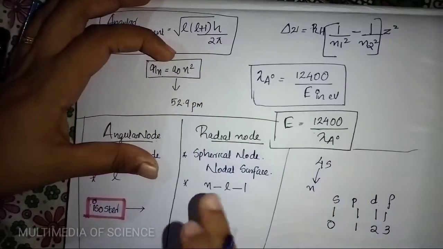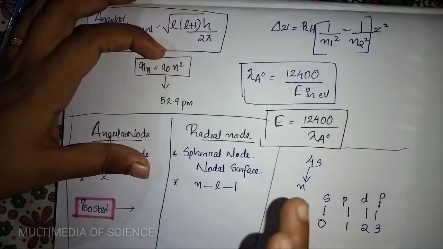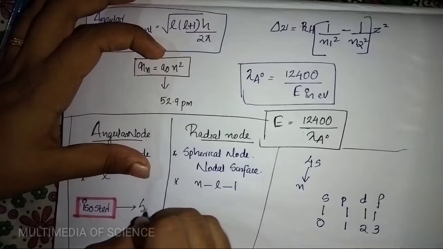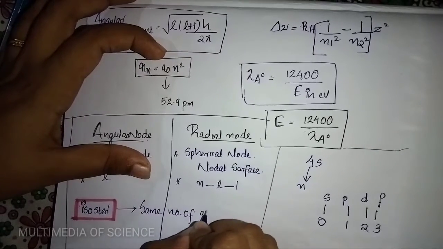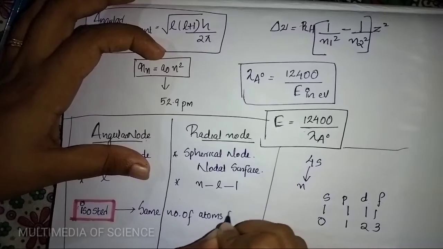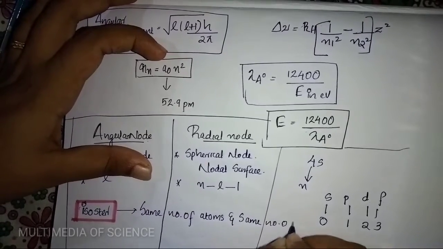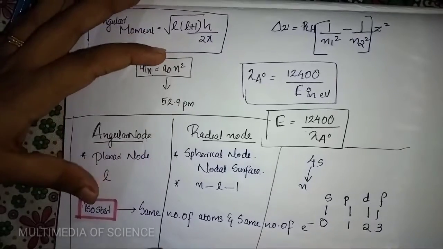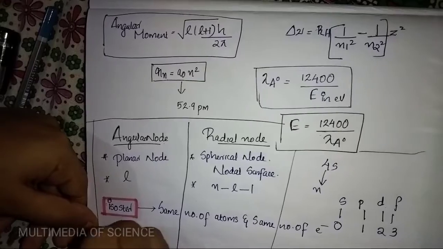Clear? If they have the same number of atoms and the same number of electrons, it is called what? Isoster. Clear? Yes.